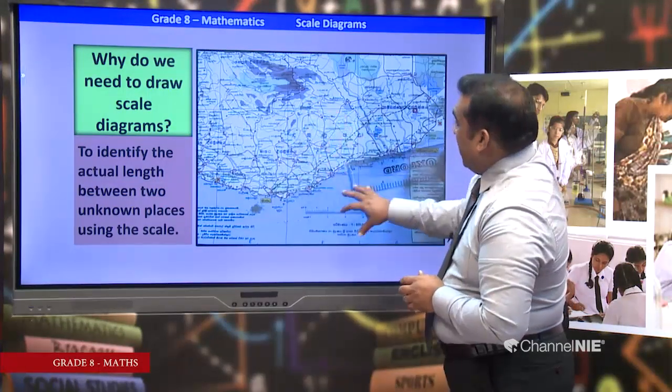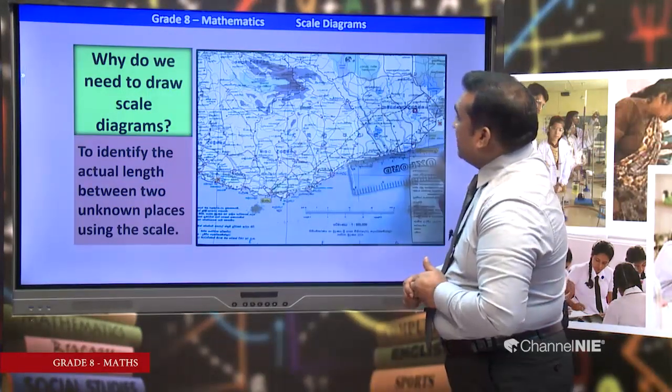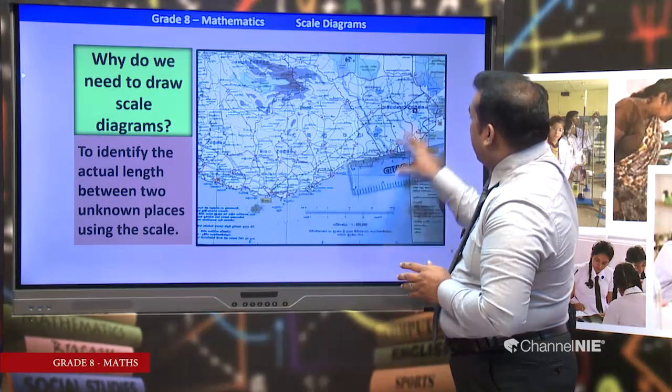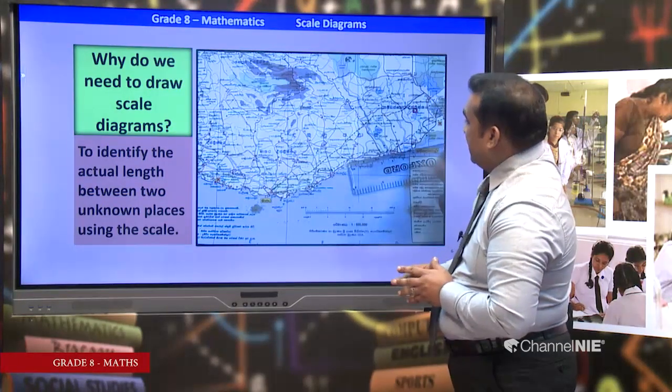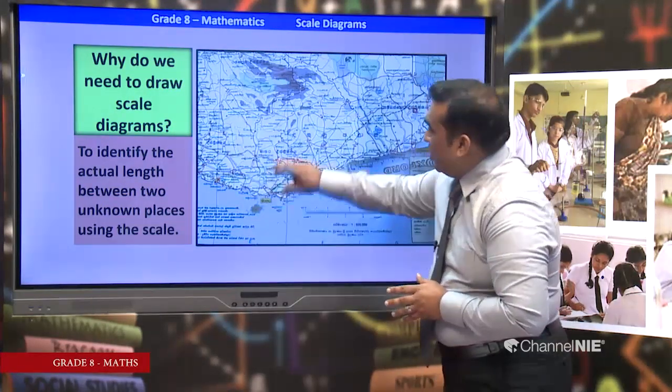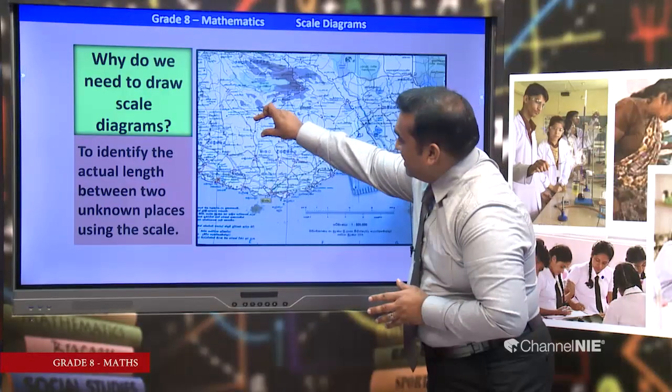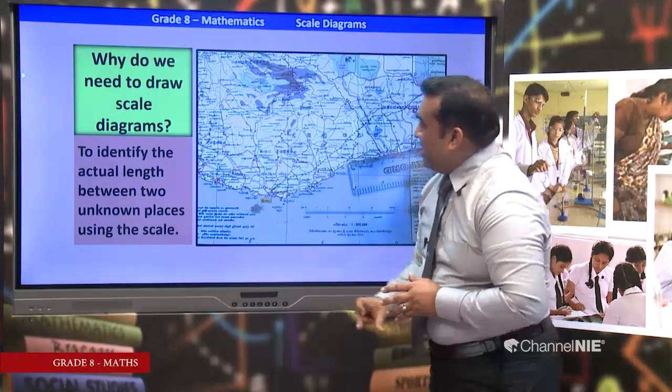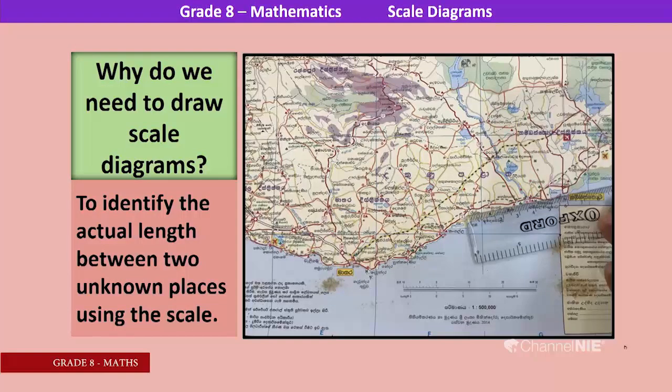Here you can see a map including cities and villages and districts and provinces. Any two points you can consider, then you measure the distance between these points using centimeters. After that, you convert those small lengths into large distances using the scale.